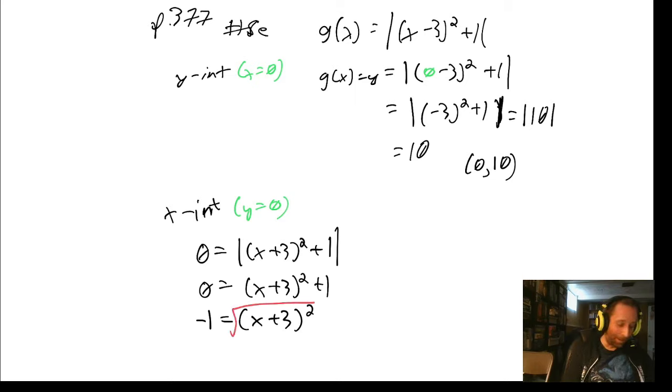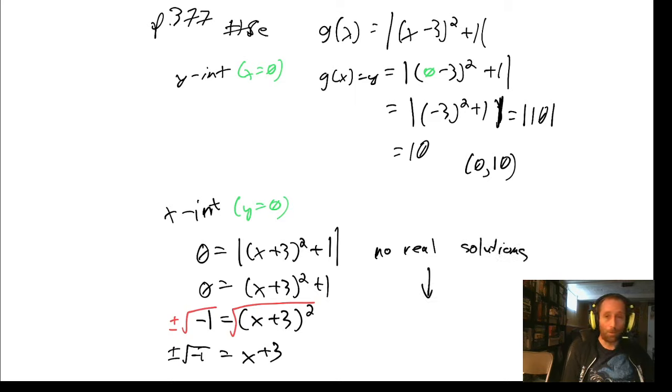So we're going to take the square root of both sides and ensure that we do plus or minus over here. So on the right-hand side, we have the square root of x minus 3 squared equals x minus 3. And on the left-hand side, we have plus or minus the root of -1. Okay, so the root of -1 is not going to give us any real answers. So there are no real solutions to this problem.